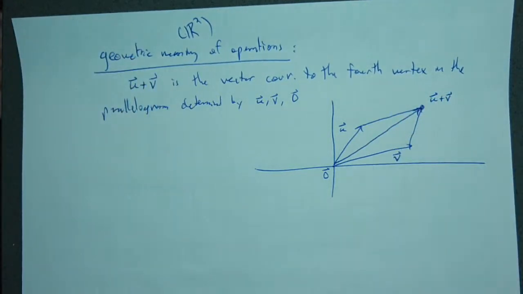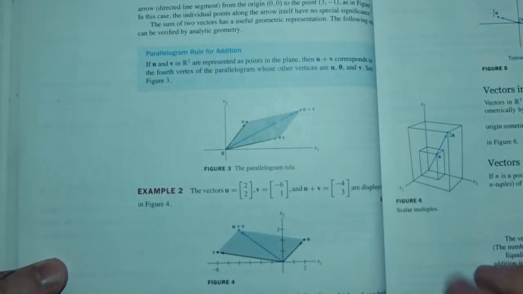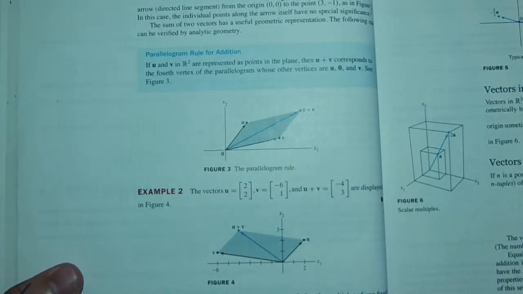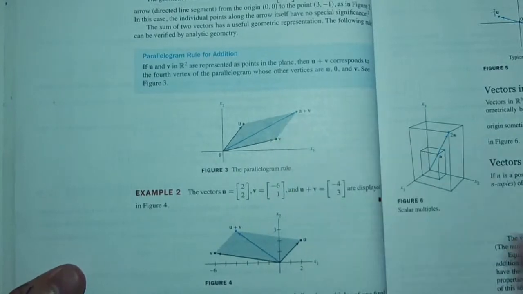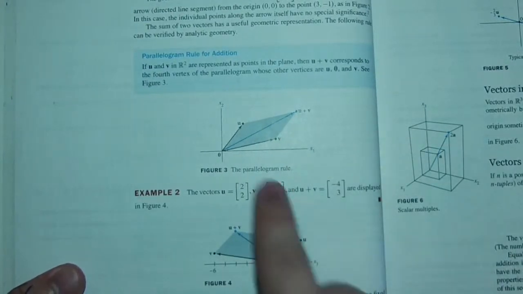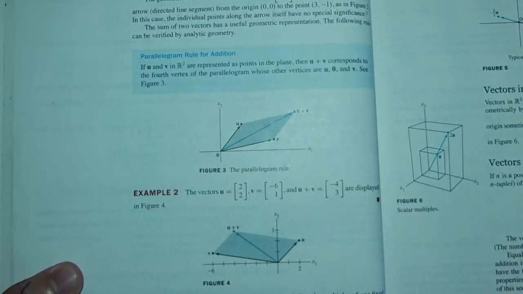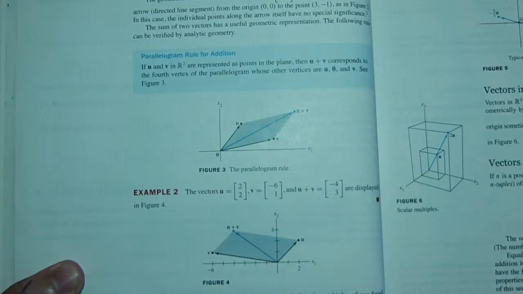Now that looks like a pretty bad picture, so how about we look at this picture in the textbook. So there, right? There's a picture in the textbook. It shows exactly what it is that's going on here. So I have two vectors, u, v. I add them, I get this diagonal of the parallelogram. So in fact, geometrically, if you want u minus v, you look at the other diagonal.